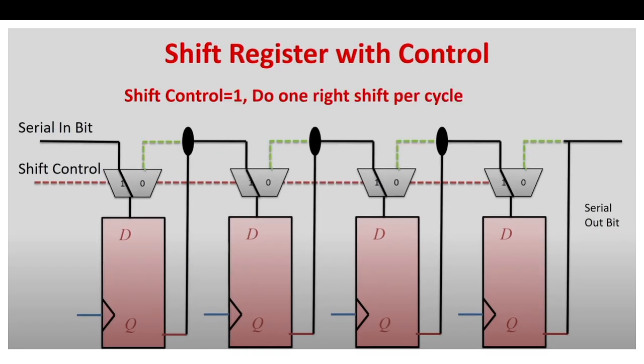Whereas if it is 1, this output goes to the input of the next flip-flop, and so on. In this way shifting is achieved, and this output goes to the output pin.